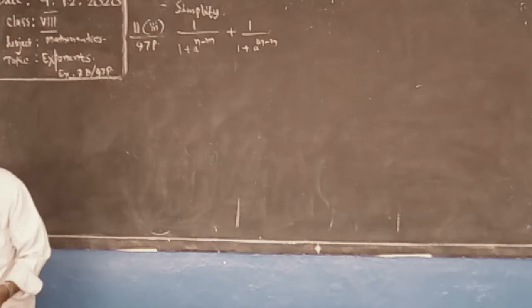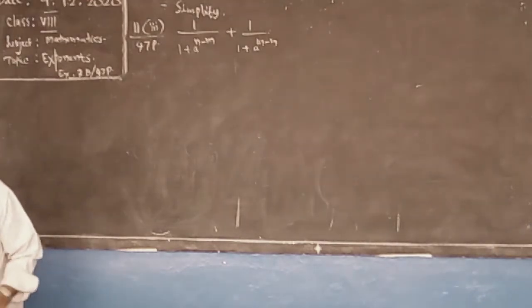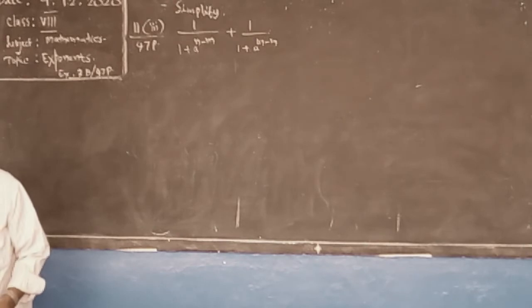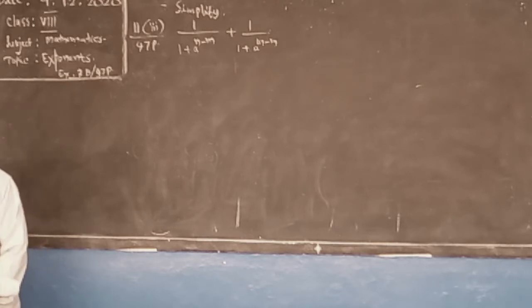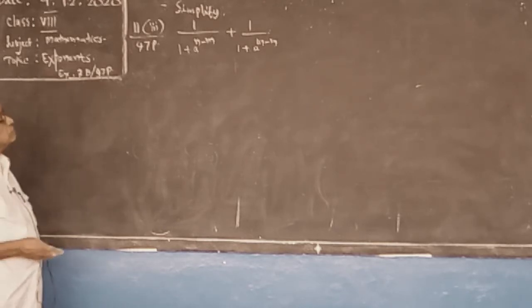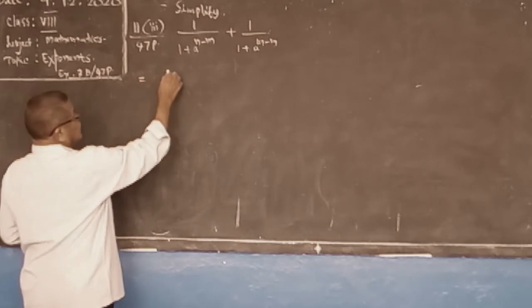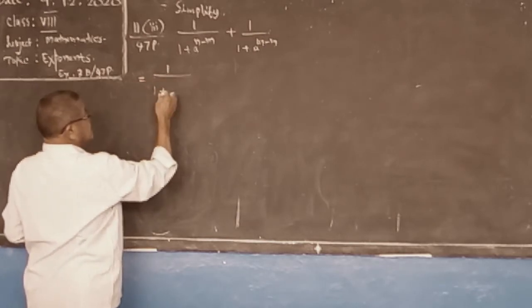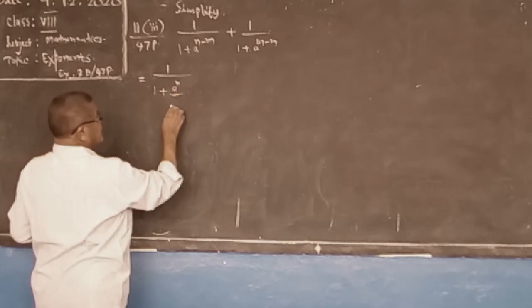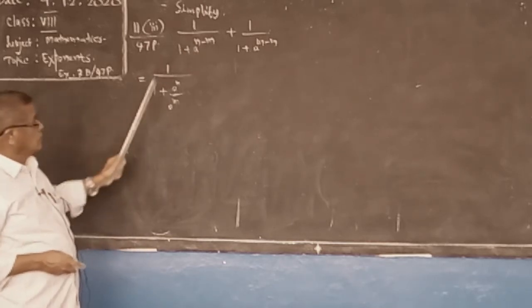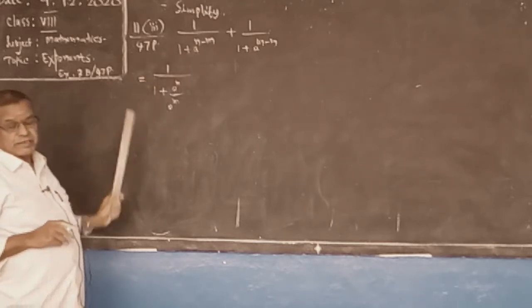According to quotient law, the first term is 1 by 1 plus a power n by a power m, because minus means by, plus means into.